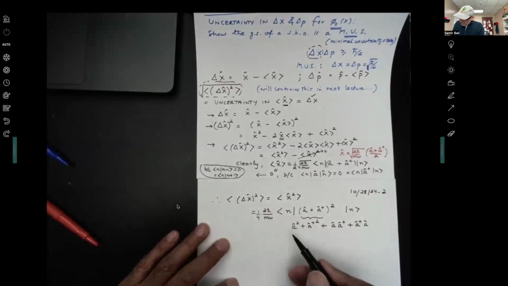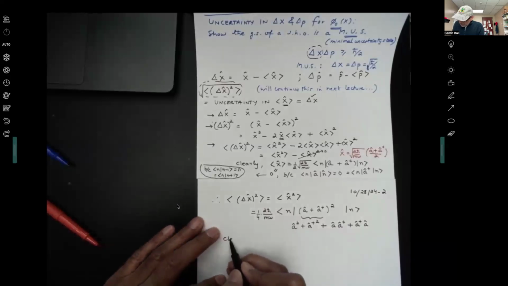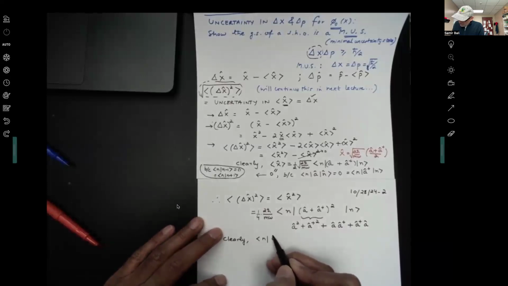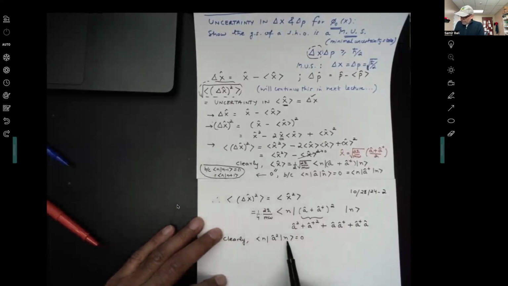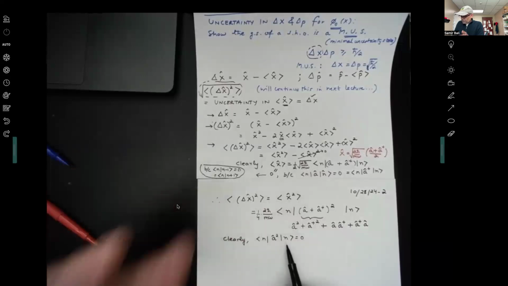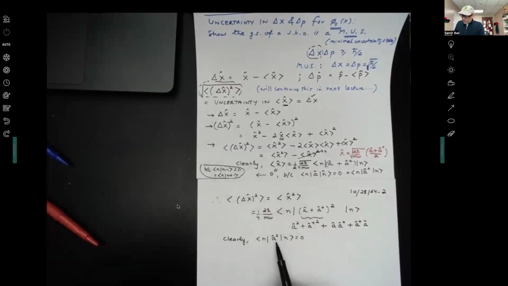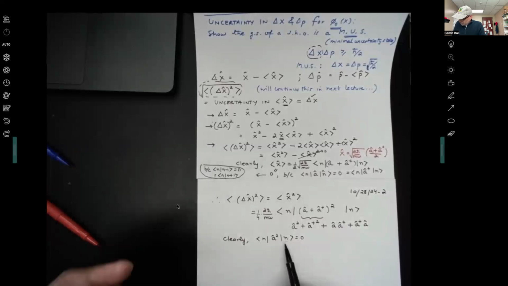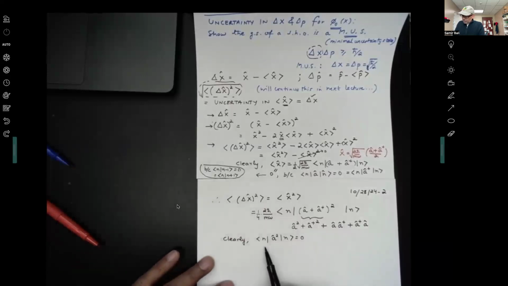Now, of course, so clearly the expectation value of A squared is 0, right? Because A squared gives you a n minus 1, and then first A operates on n gives you n minus 1. Another operation of A gives you n minus 2. And of course, n minus 2 and n don't overlap, right?